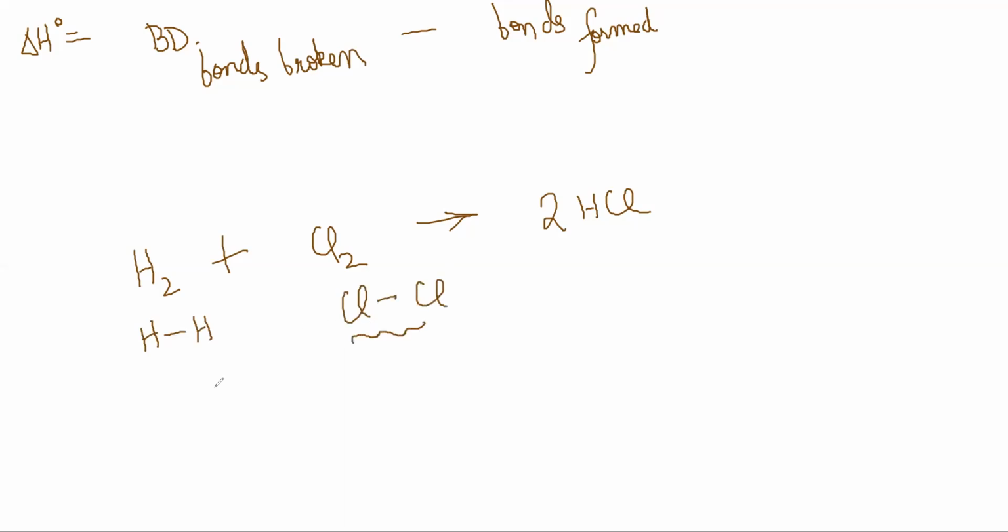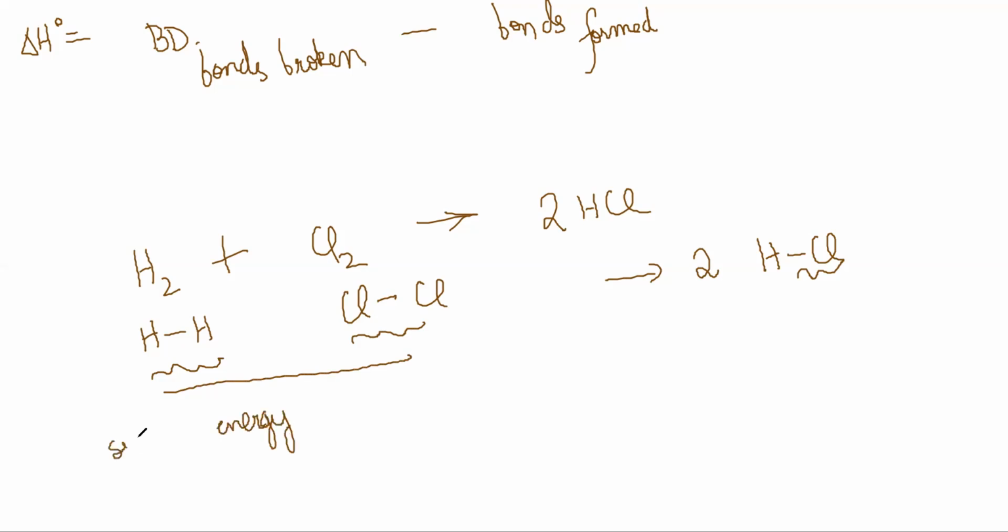This is a covalent bond, this is a covalent bond, and these bonds have to be broken. And what bonds have to be formed? HCl, right? Two of them, right? So when this bond is broken, to break a bond, you need to supply energy to it, right?